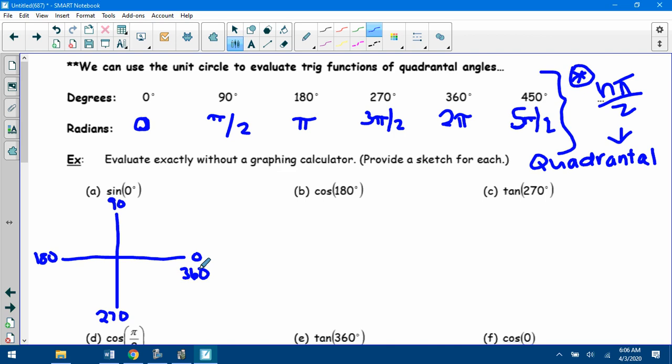The only difference is 0 lands on the quadrantal. That's where I am. So I know it's a quadrantal, so you got to be thinking unit circle. And I want this point. It all goes back to the idea that a unit circle has a radius of 1. So this point right here is the point 1, 0.